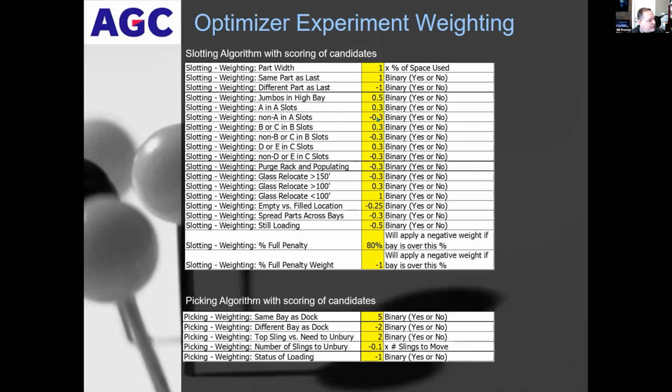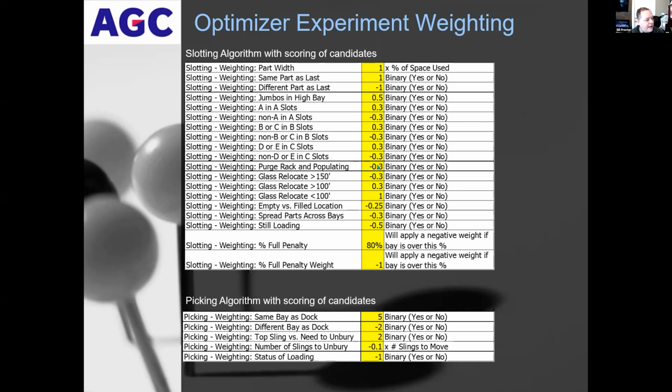So we were looking at things like, we want to store the same parts in the same location. We wanted to put high volume A items in A locations that were closer to the dock. Essentially the way this worked is we said, we run this, how much of a penalty or a reward do you get by storing something in a certain location?